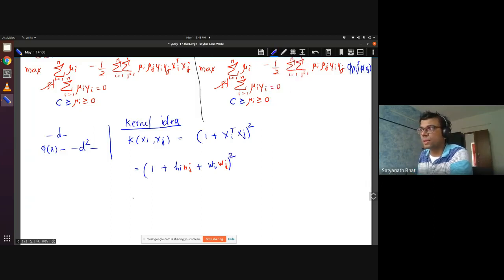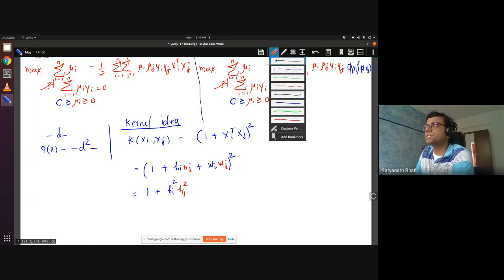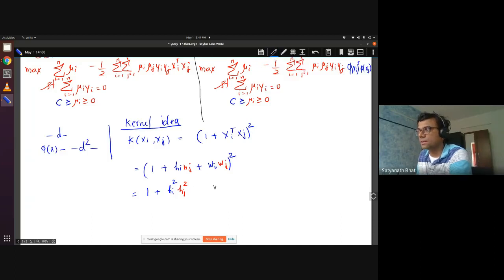Okay, so if I try to square this, what will I get? 1 plus hi square hj square, right? So hi square hj square, just for making it evident, then what else? wi square wj square, right?